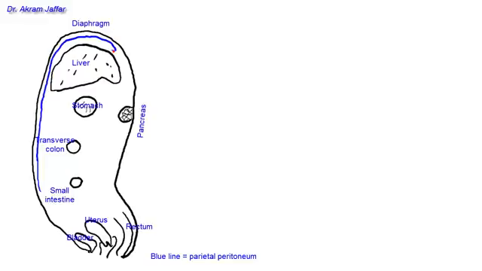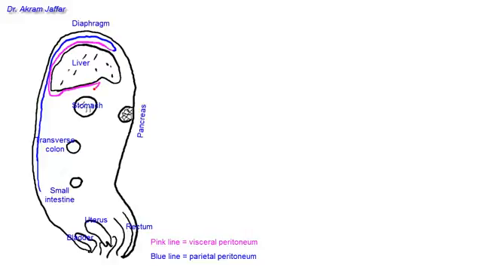Here, as it is reflected on the liver, it will form the visceral peritoneum. So I will change the color into pink, and this is the visceral peritoneum now, covering the liver, the diaphragmatic surface of the liver, and then it is reflected on the visceral surface of the liver here, close to the hilum of the liver.